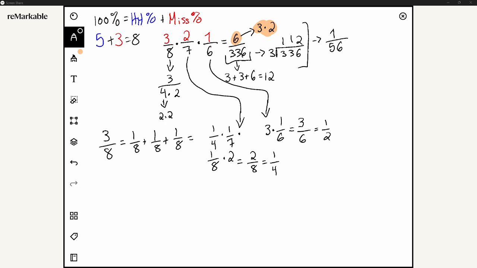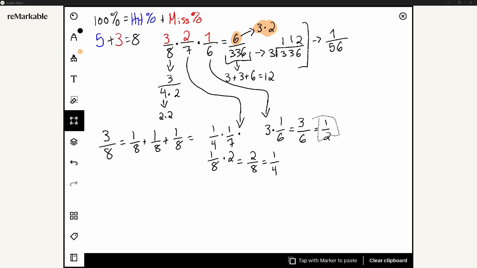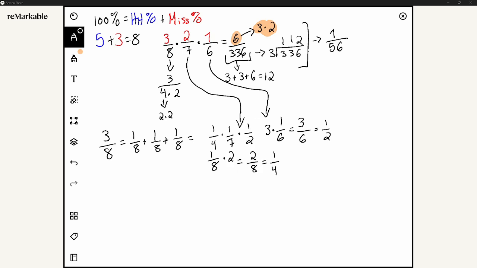Suddenly, we have 1/4 times 1/7 times 1/2. 1/4 times 1/2 is, of course, 1/8. 1/8 times 1/7 is 1/56. We get to the same end position doing less strenuous math.